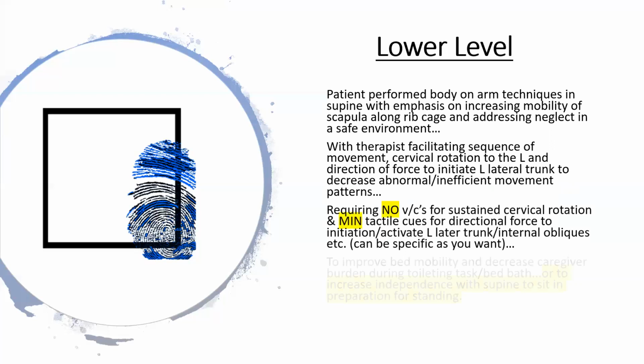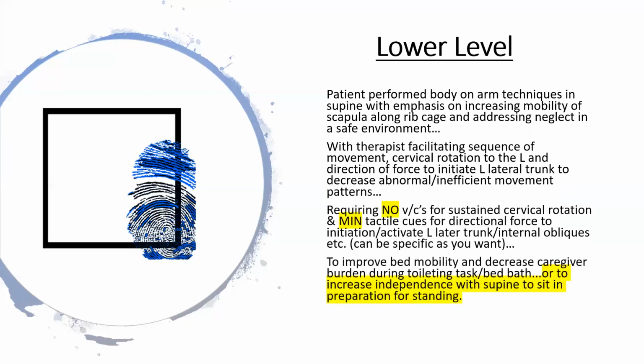So let's say the next day they come in and all you would have to change is they require no verbal cues for the head rotation, and they require minimal tactile cues as opposed to moderate for the initiation of the activation of their trunk to get them to roll to the left side.